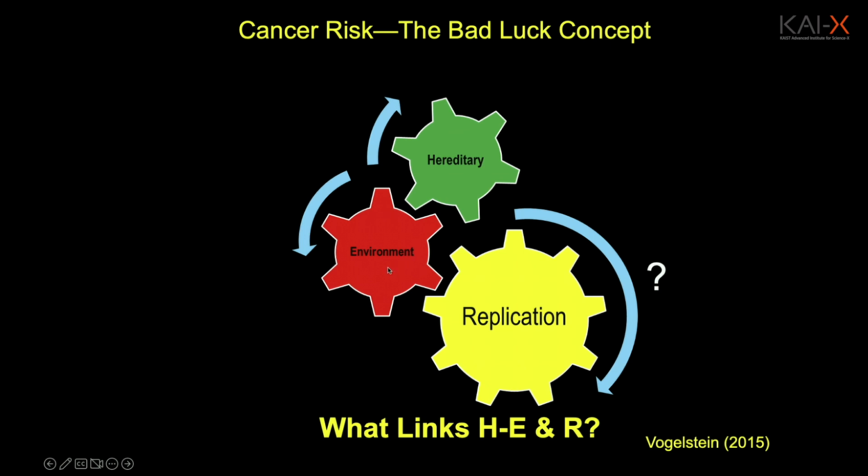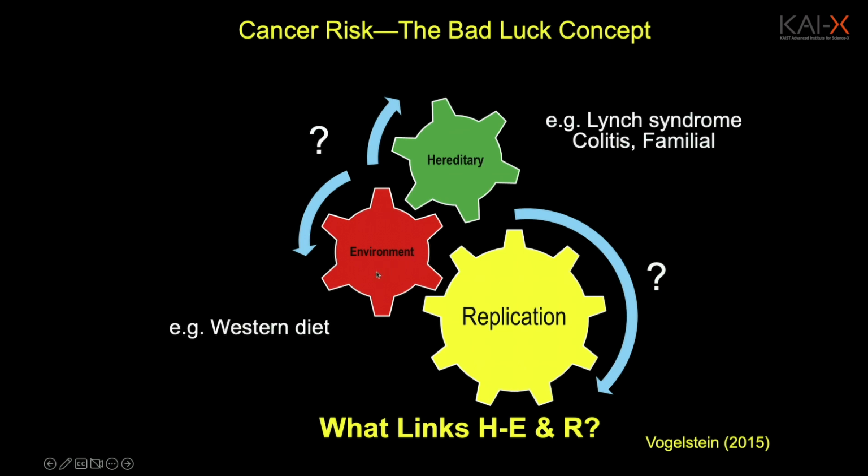There's an environmental component, which, like the Western diet, the high-fat diet, that's also a key component here. And then the key thing for cancer is increased replication, and so somehow the risk with the familial link and the environmental link have to put pressure on replication to increase. And that is quite a bit of a challenge.